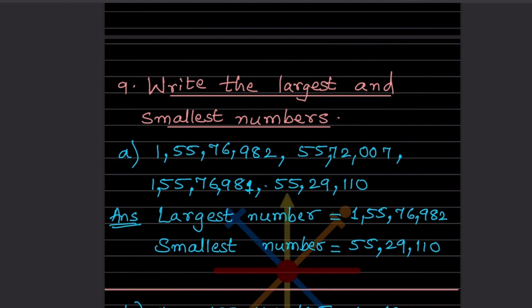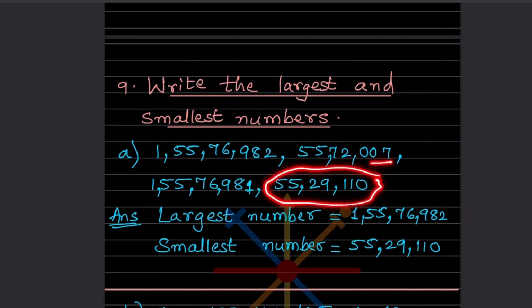And one more thing over here is this 72 and this 29. In this case all the other numbers were the same, but in this one here is 72 and here is 29. So which will be the smallest out of these? This is going to be 29. So we have to consider this number as the smallest one.